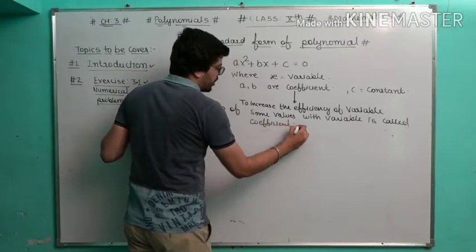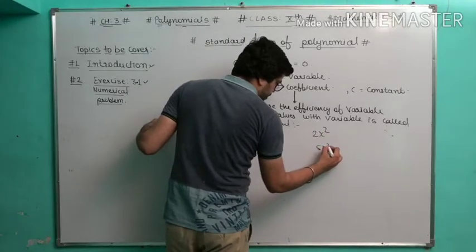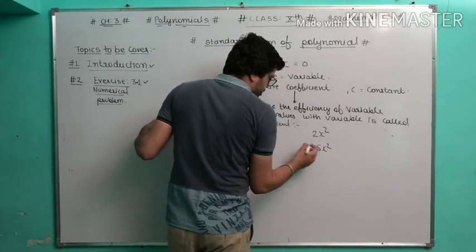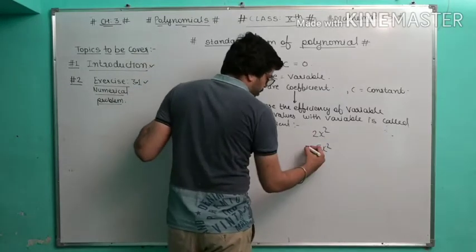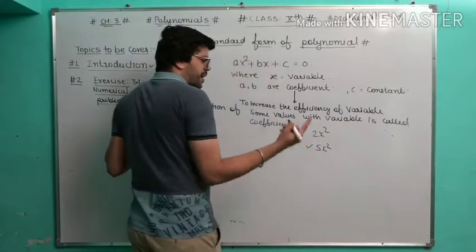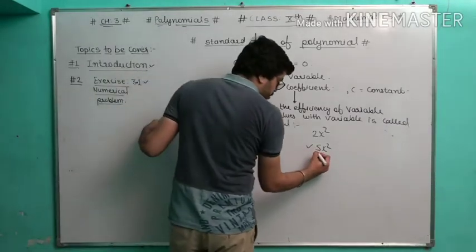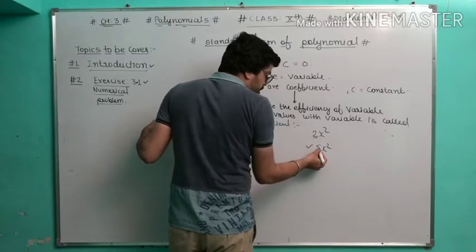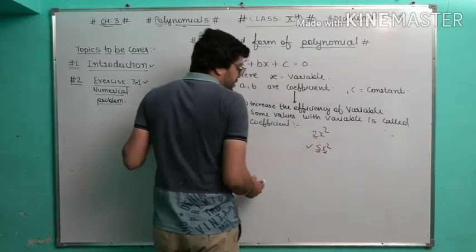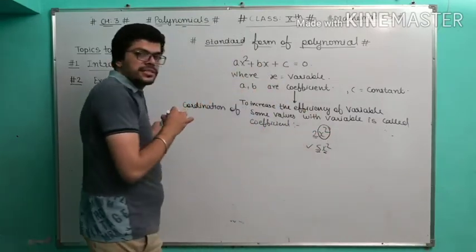Let's try to understand what this is. Suppose we talk about 2x square and another is 5x square. Just give me the answer: this is 2x square, so which one is consisting of the maximum? You can see that it is 5x square. How can you say that 5x square is more compared to 2x square? Because you know that 5 is more than 2 and 5 is making coordination with this variable and increasing the efficiency of the variable x square.